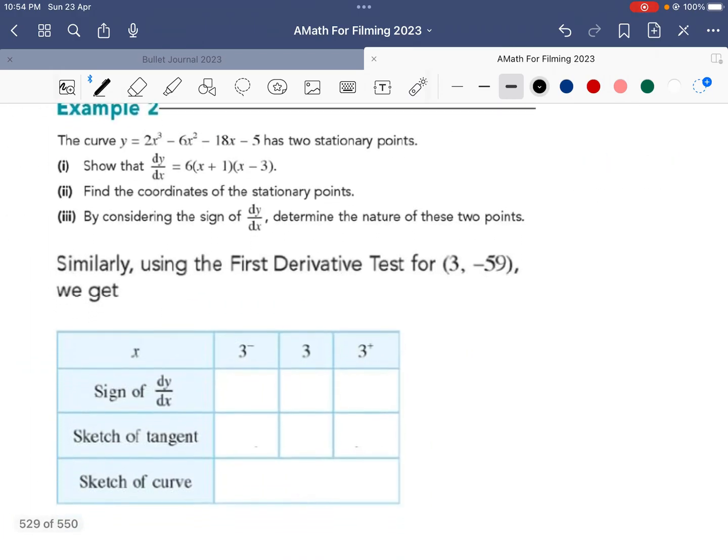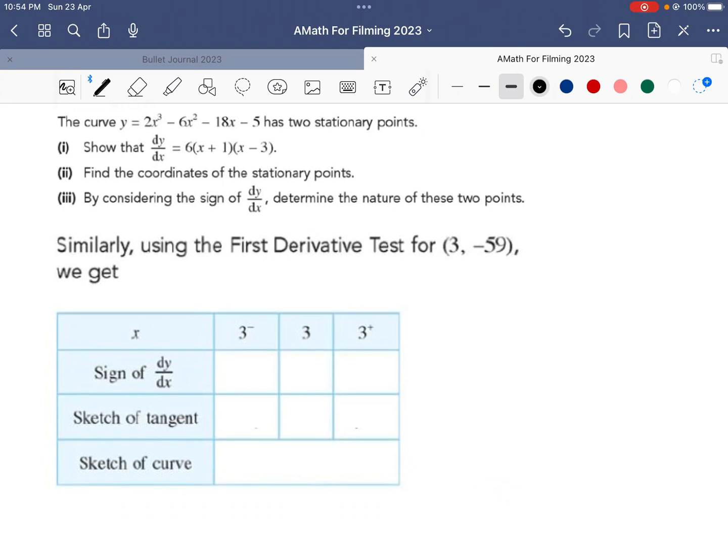Okay, let's rinse and repeat this for 3, negative 59. So once again, let me write it out. dy dx, earlier we found, to be 6 times x plus 1 and x minus 3. So again, the x value is 3.